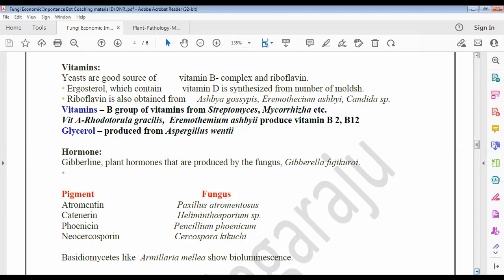Whenever it causes the disease, the end product of the disease is gibberellin. That gibberellin we use as a phytohormone for... gibberellin we use for what?